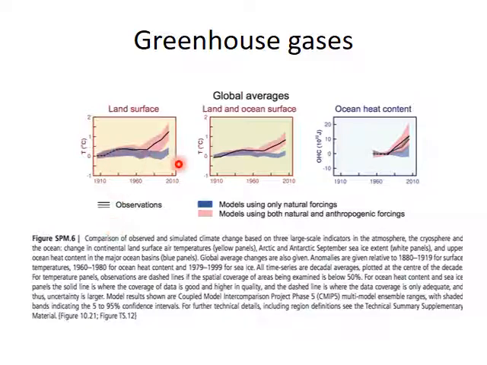In bluish colors, you see the models run only using natural forcings over time. Again, this is not much of a change: a flat line for land surface temperature, global temperatures, and global ocean heat content. And again, only if you include information about anthropogenic forcings do the models replicate the observations.